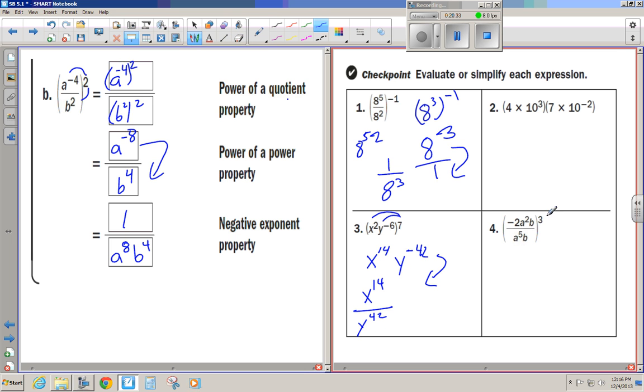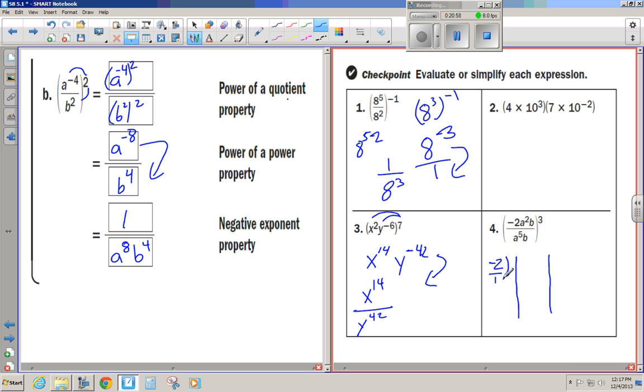All right, let's jump to this number 4. We have a bunch of numbers in here, and when you have a problem like this, I'm going to recommend that you break up the problem into different pieces. Meaning, you have a negative 2 in the numerator and a 1 in the denominator.